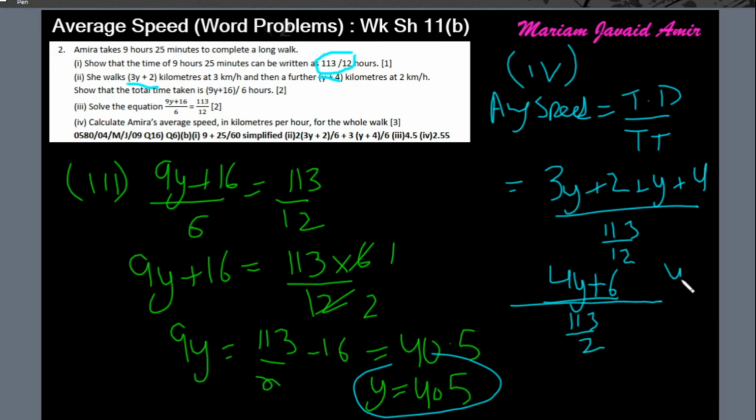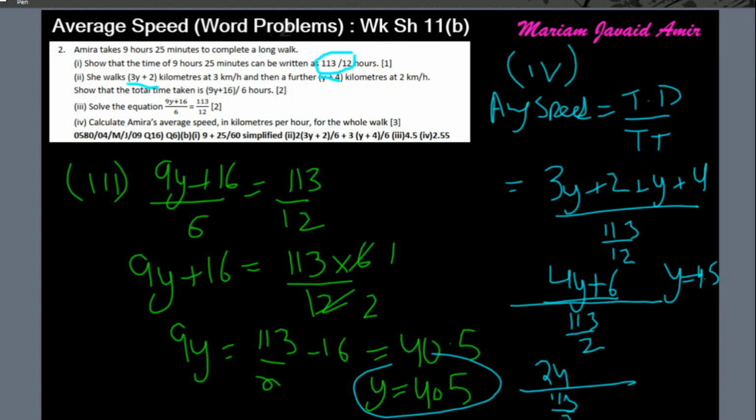So when y equals 4.5, the numerator becomes 4 times 4.5 plus 6, which is 24, over 113 over 12.